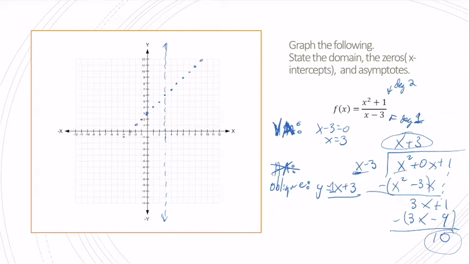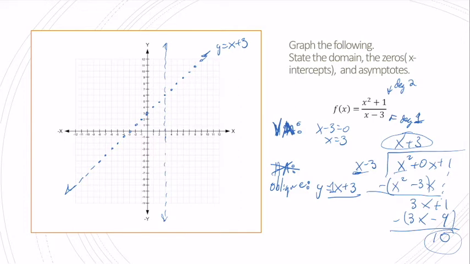I'm just plotting all the points on this line. It kind of looks like a dotted line. Okay, so there's our oblique asymptote at y equals x plus 3. Now I need to find some points on this line. So I'm going to go ahead and pick some on the left of my vertical asymptote and some on the right of my vertical asymptote. And this might get messy.